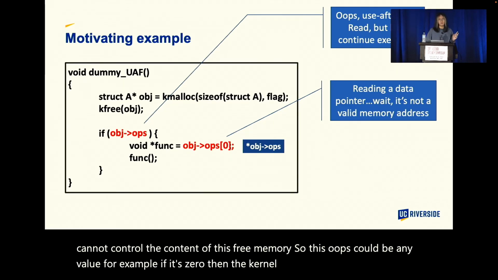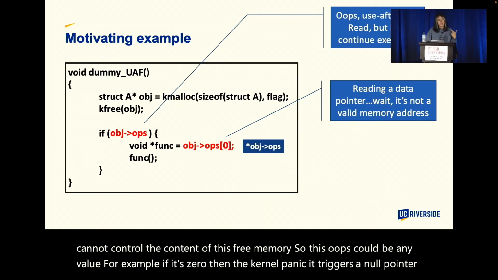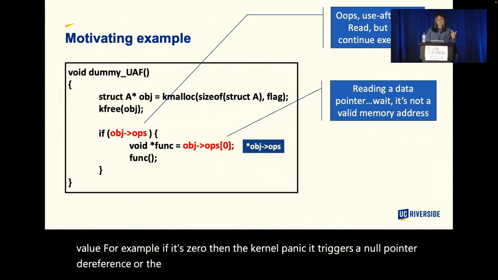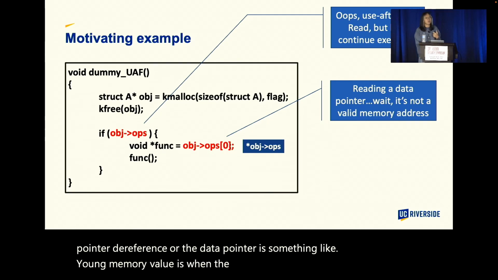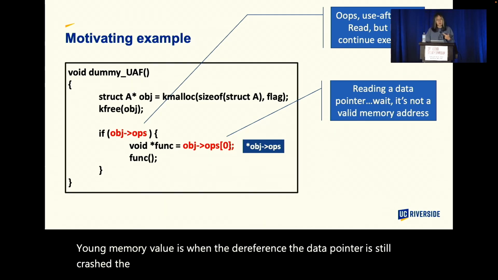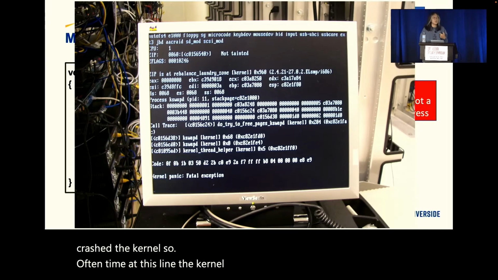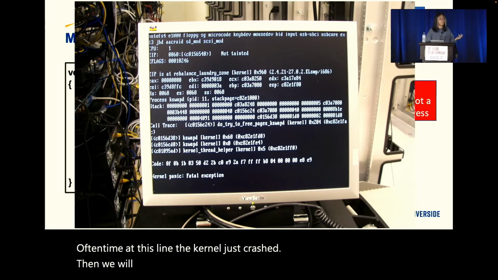It triggers a null pointer dereference. Or if the data pointer is some non-memory value, when we dereference this data pointer, it still crashes the kernel. So oftentimes, at this line, the kernel just crashes, then we will get nothing. The execution will just stop.